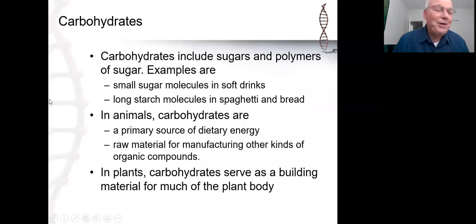Now, carbohydrates have, over the course of the last few years, been given a bad rap. And this happens periodically. The idea of a low-carb diet, so the Atkins diet, South Beach diet, any of these diets that emphasizes reducing carbohydrates in your diet, in your food intake, these are not new.